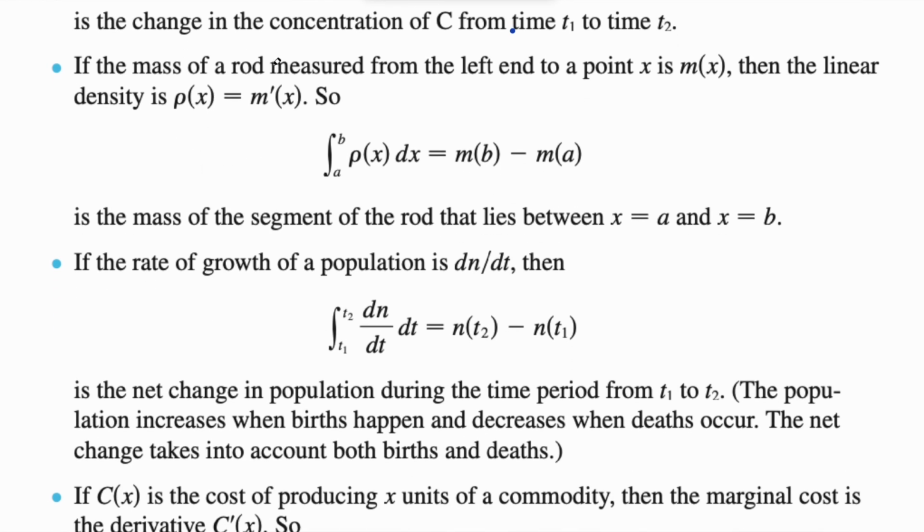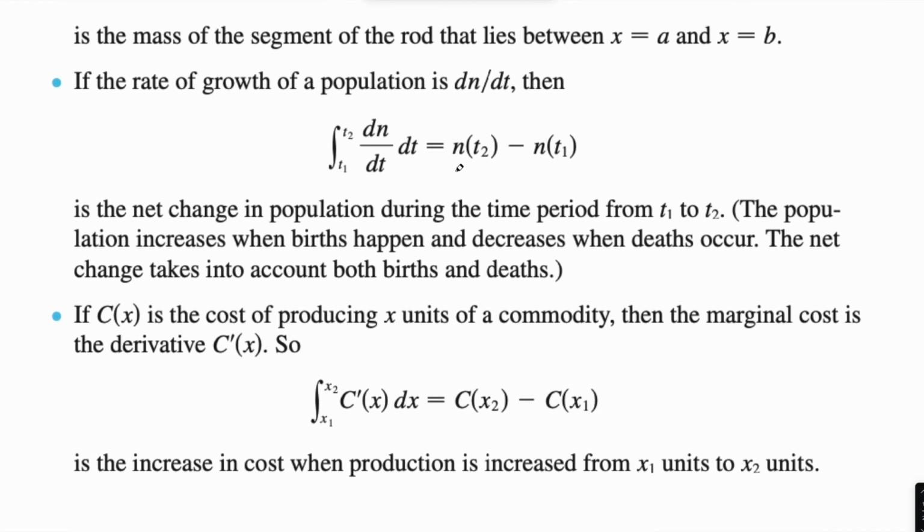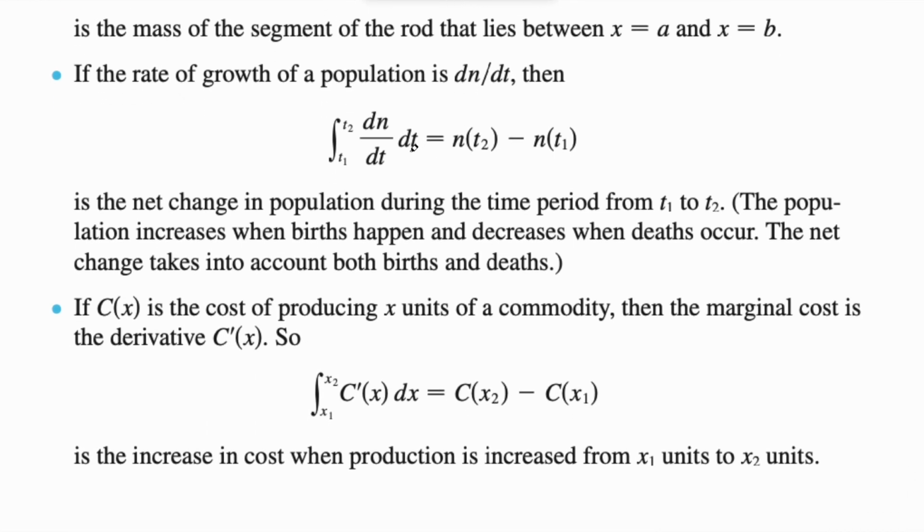If you had the mass of a rod measuring from the left endpoint to a point somewhere else, then the linear density is going to equal the derivative of the mass of the rod. And so therefore the integral of p of x is going to basically be the exact same thing as the mass function from a to b. The rate of growth in the population is going to do the exact same thing.